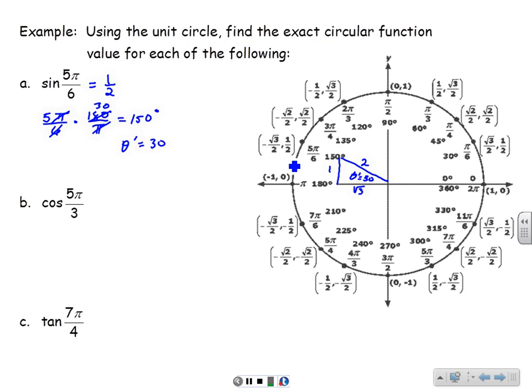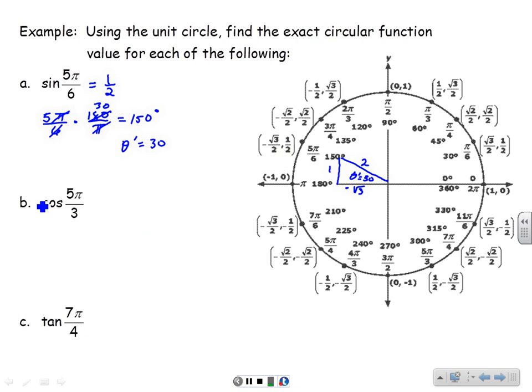Now, we also know that in quadrant 2, sine is positive, so be careful with those signs. Remember which quadrant you're in, and so on and so forth. So you know that sine is 1 over 2, and you know that cosine in quadrant 2 is negative, and so this technically is negative radical 3 over the hypotenuse of 2.